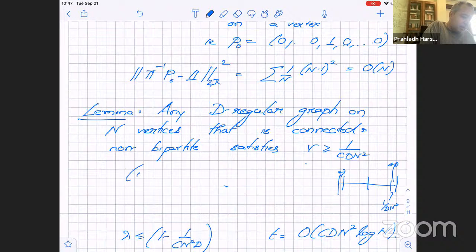That is, lambda is less than or equal to 1 minus 1 over cd n squared.